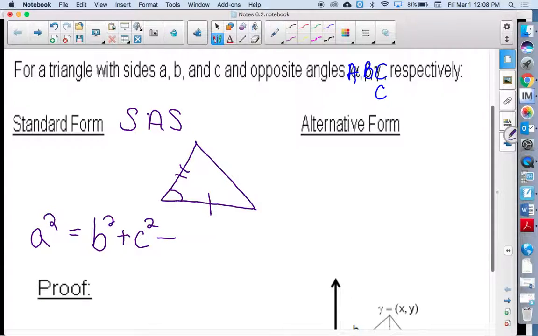But then we're going to subtract 2 times both of those sides along with the cosine of the angle across from the side. And again, you're going to be given those pieces of information because the other two sides are my B and C, and the angle would have to be A, because it's not across from the side that we're looking for.